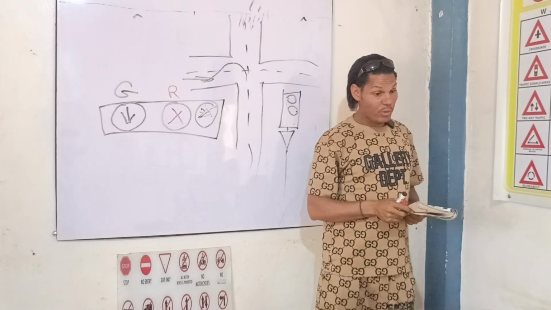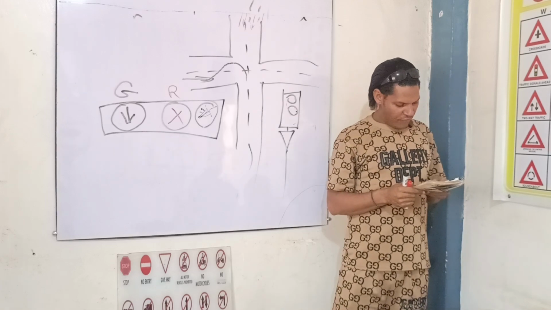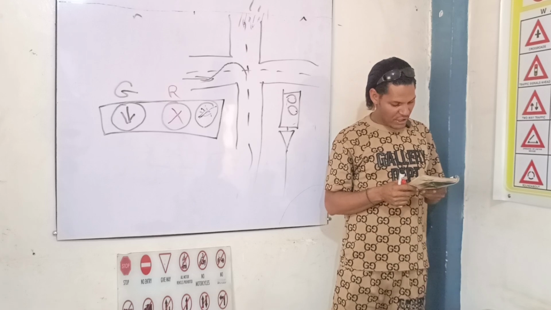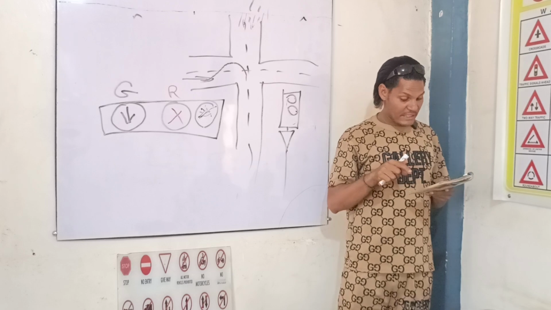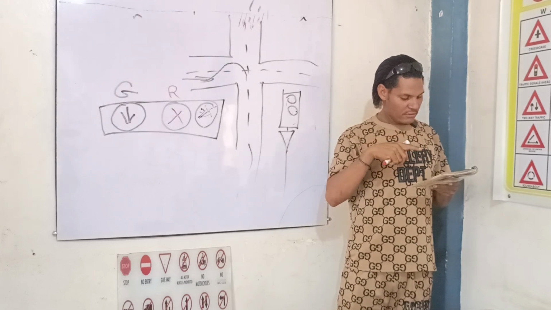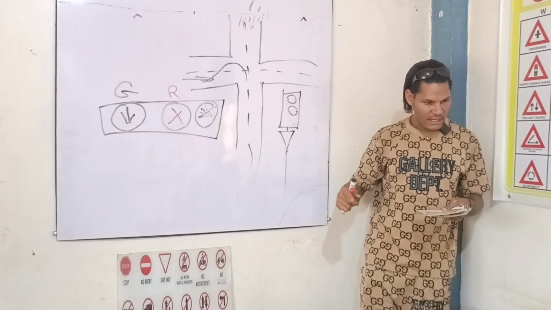Now we are going to the police officer signaling, right? Traffic officers sometimes regulate traffic, particularly at junctions. Signals from traffic officers take precedence over traffic lights, even if they are in contradiction with the permanent signal.